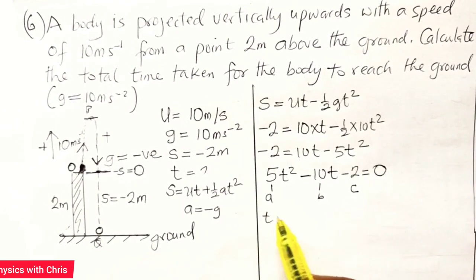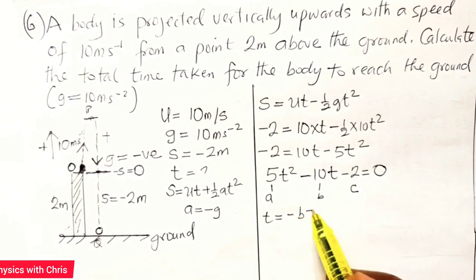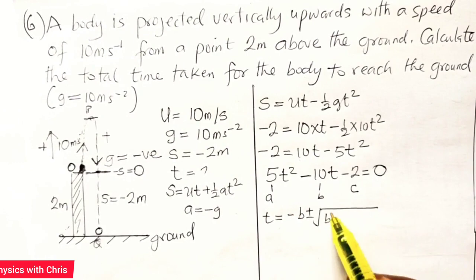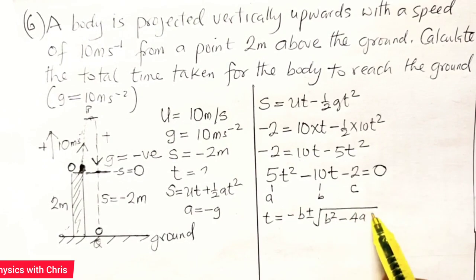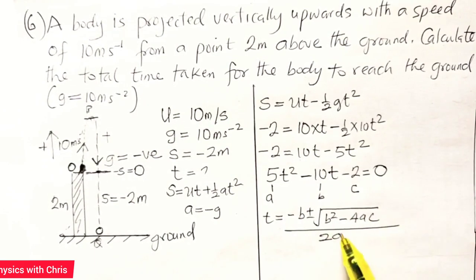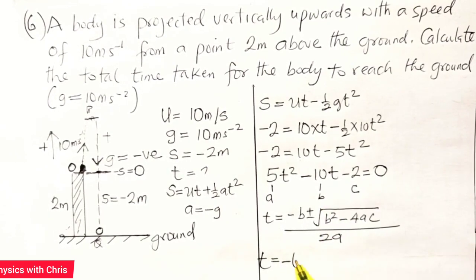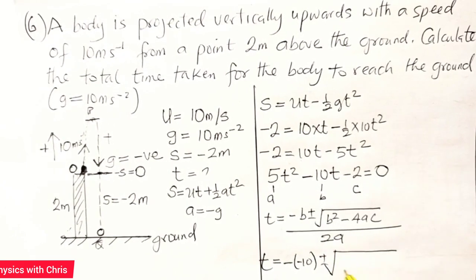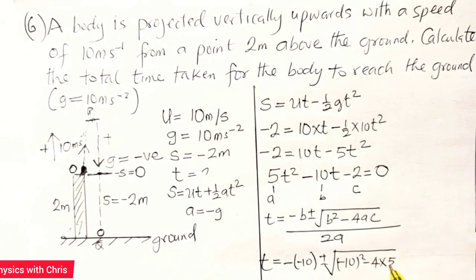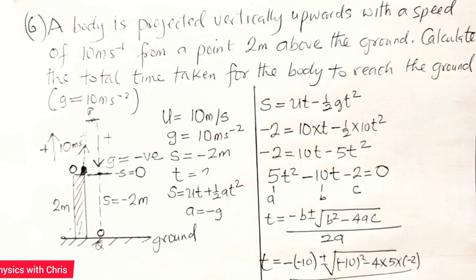So that gives me t equals -b plus or minus square root of b squared minus 4ac, divided by 2a. That's the equation we're going to use to solve this question. That gives me minus into minus 10, plus or minus square root of minus 10 squared, minus 4 times a, which is 5, c is minus 2, over 2 times a, which is 2 times 5.